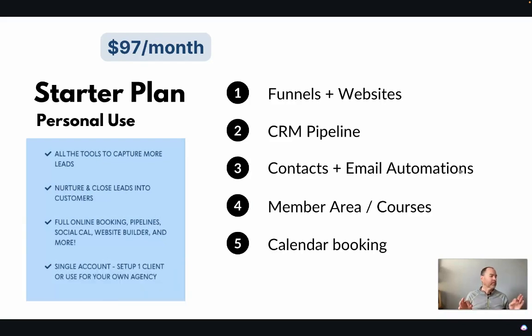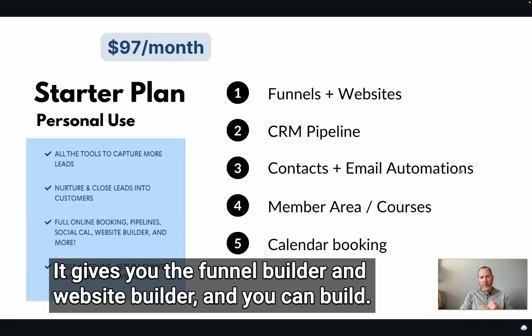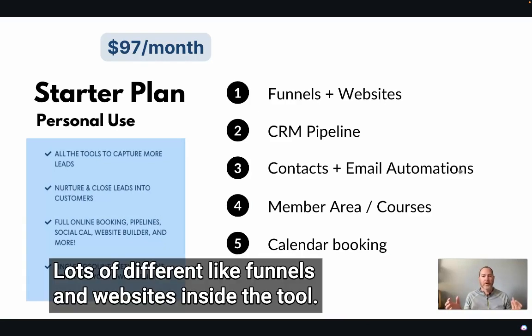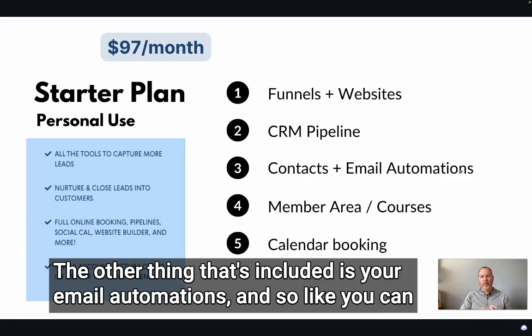All right. It gives you the funnel builder and website builder, and you can build lots of different funnels and websites inside the tool. The other thing that's included is your email automations.